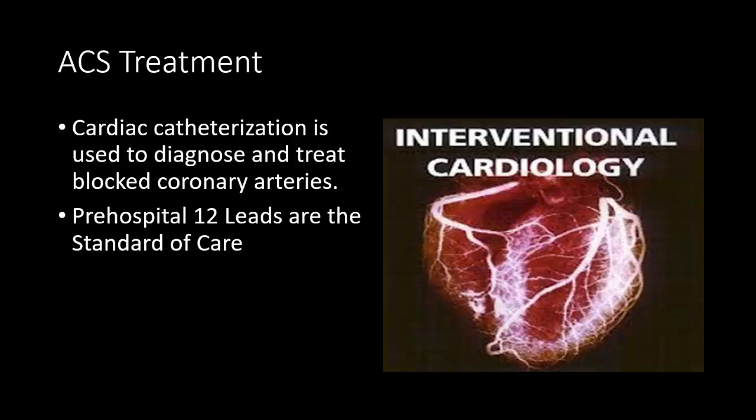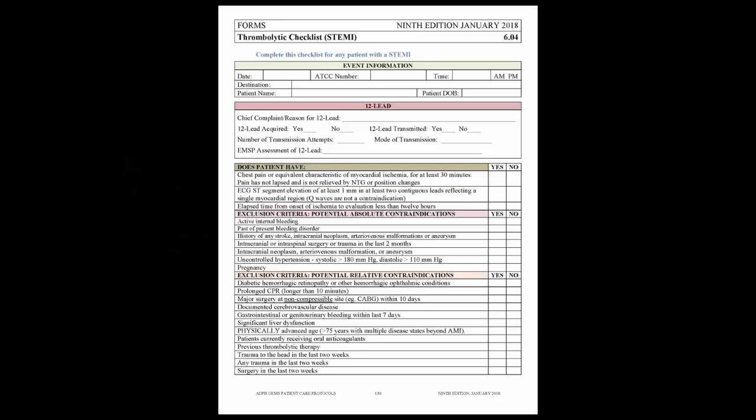Another standard of care should be to fill out the thrombolytic checklist. If you have a STEMI, fill out the thrombolytic checklist, because the patient may not go to the cath lab, but they may still be a candidate for thrombolytic therapy. There are many exclusion criteria, with potential or absolute contraindications.